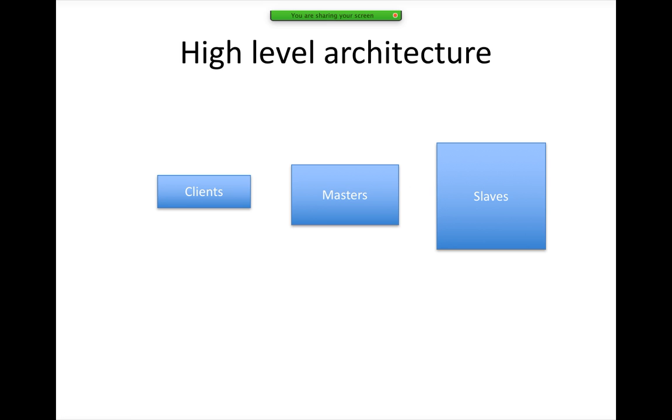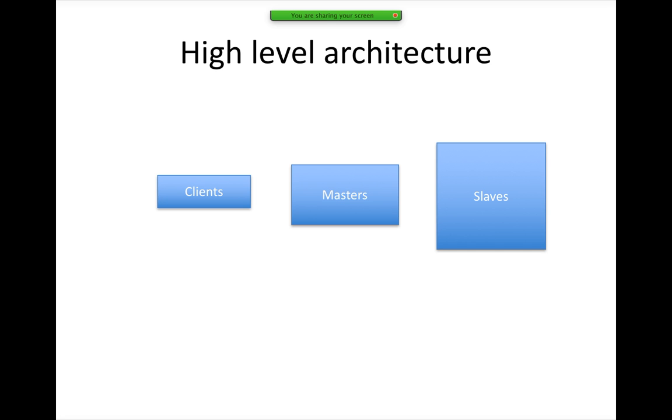I will demonstrate that today. On top of that, the masters and slaves will have daemon processes running on them, whereas clients will not. The purpose of the client, gateway, or edge node is to be a staging location to get the files from the source systems before loading into HDFS.